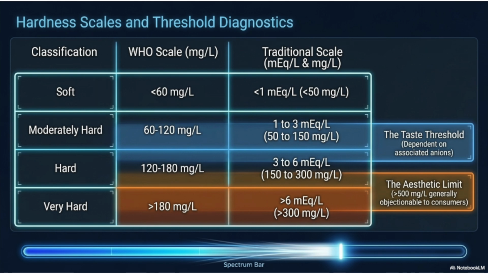Water between 120 and 180 milligrams per liter is hard. And water above 180 milligrams per liter is very hard. There is also a taste threshold, which depends on the associated anions, and an aesthetic limit, where anything above 500 milligrams per liter generally becomes objectionable to consumers.